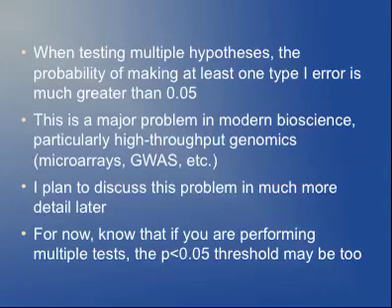In high throughput genetics such as microarrays, GWAS, genome-wide association studies, this is a big problem. We'll talk about this in the future, but for now, if you're performing multiple tests, the p less than 0.05 threshold might be too low.